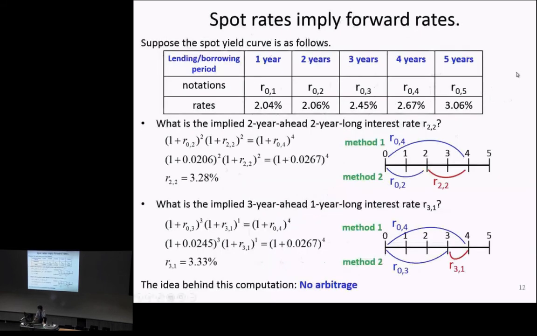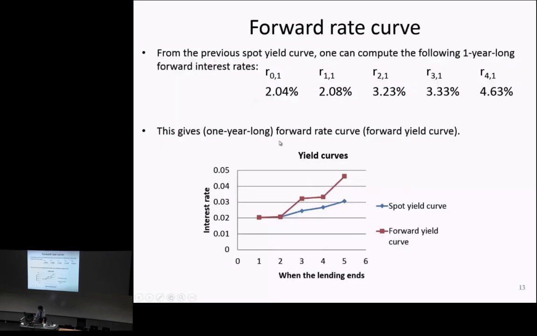If you plot spot interest rates, it's called spot yield curve. That's the yield curve we studied in week 3. If you plot 1 year long forward interest rates, it's called forward yield curve. So in this diagram, the horizontal axis is when the lending ends. The vertical axis is the interest rate.